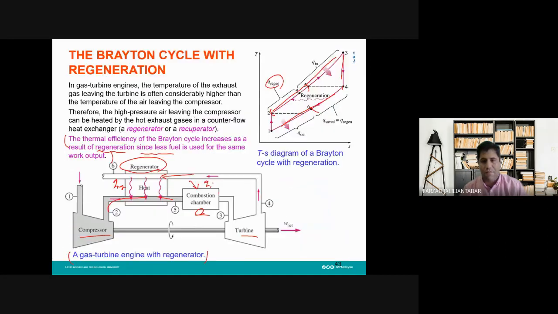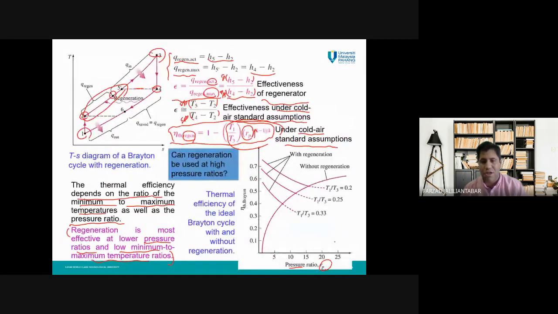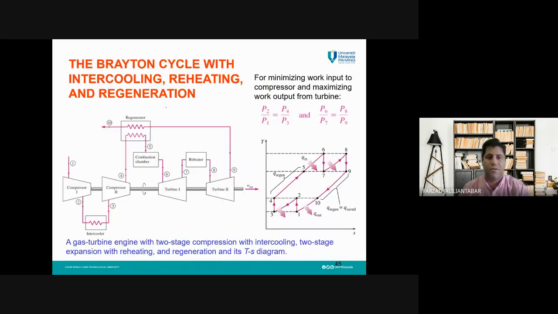All of these graphs are drawn from the information we can get from this equation. So when we have a regenerator in the cycle, it is better to have a lower pressure ratio, as you can see here as well. Low pressure ratio, higher thermal efficiency of the Brayton cycle. And the modification which I told you.